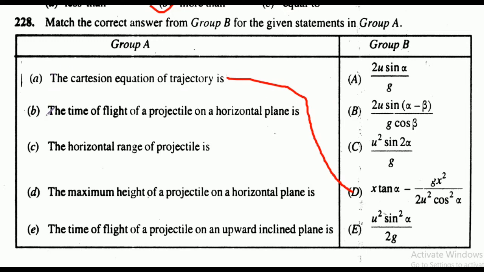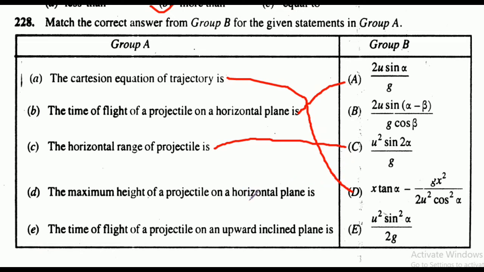Next statement is the time of flight of a projectile on a horizontal plane is. Here friends, correct answer is option A, that is 2u sine alpha upon g. Next option is the horizontal range of projectile is. Here friends, option C is the correct answer, that is u square sine 2 alpha upon g.